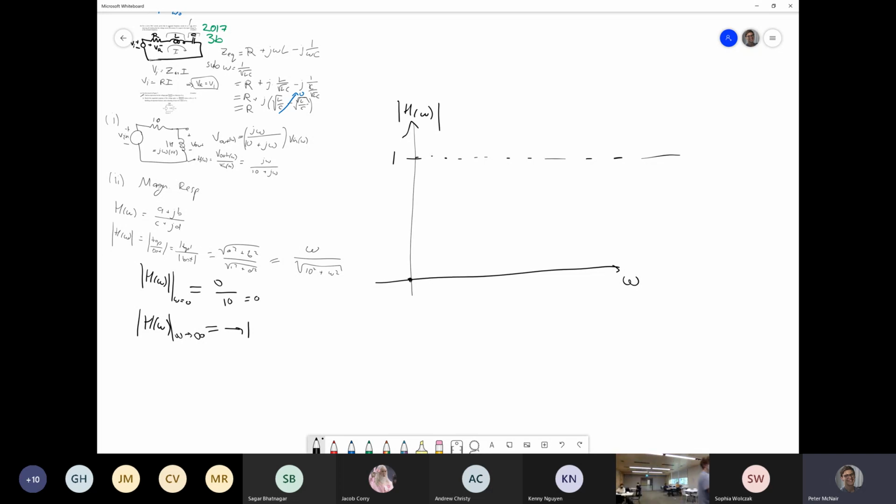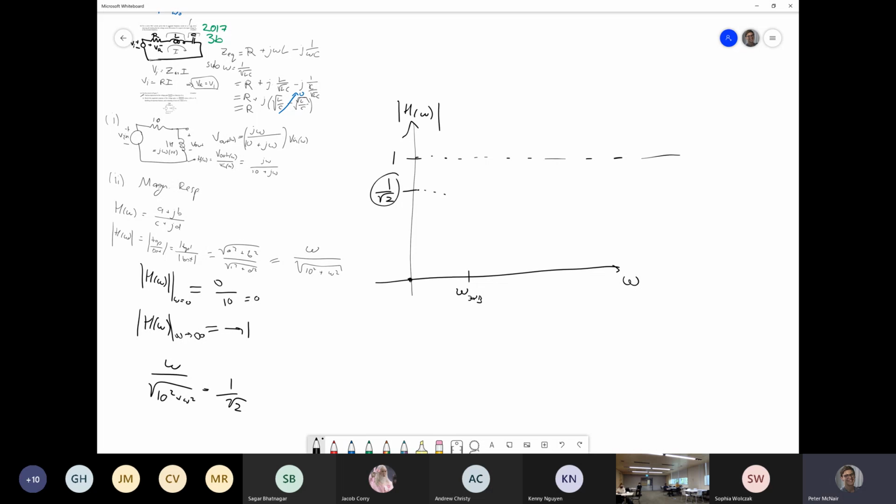Now we're trying to find a value of omega where the modulus is 1 on root 2, right? So we want to solve for this value. So why don't we say omega on root 10 squared plus omega squared equals 1 on root 2.